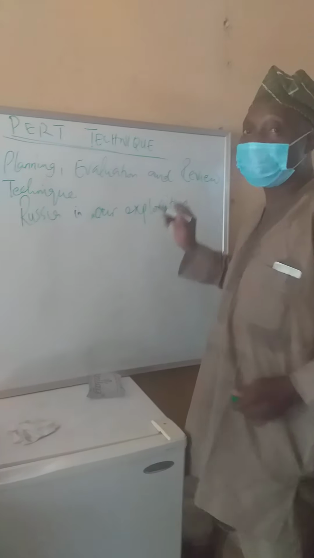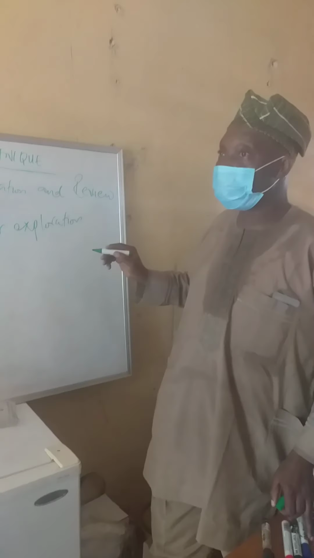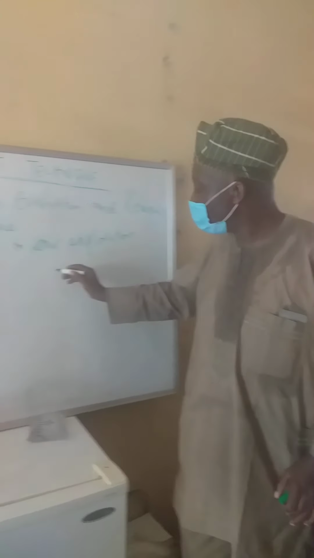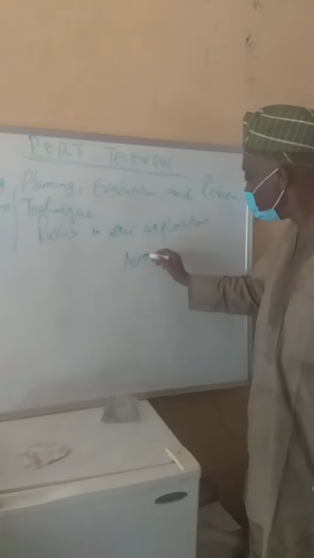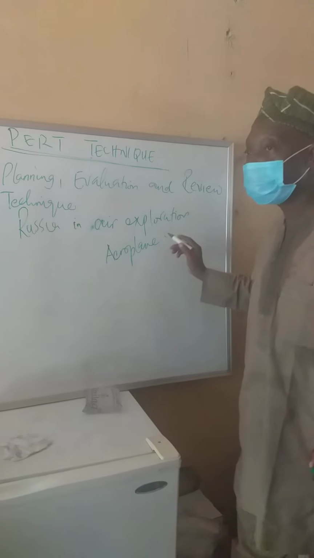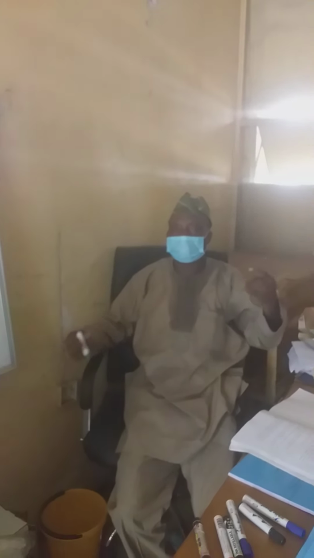The Russians were the first to manufacture aeroplane. When they did, they were using it to rove about the whole world, including American airspace.